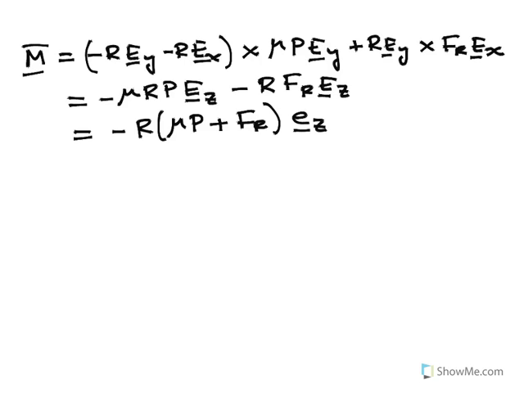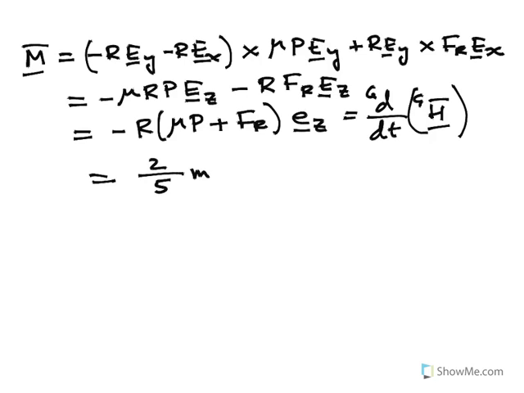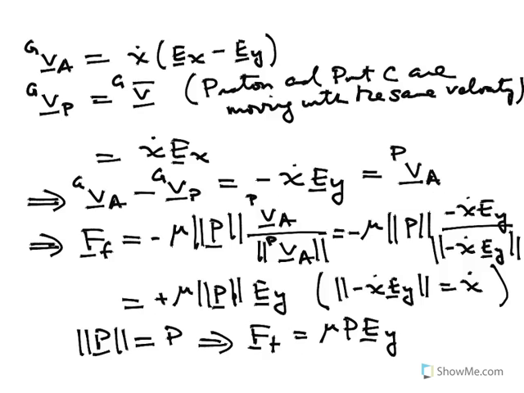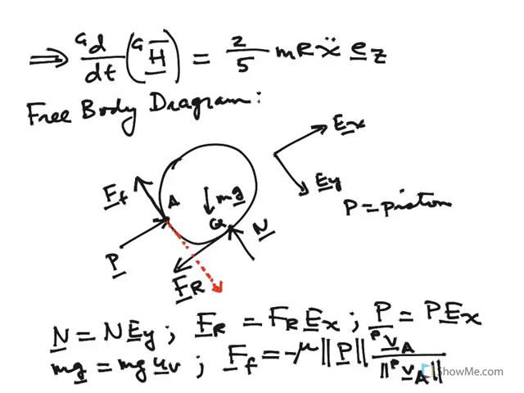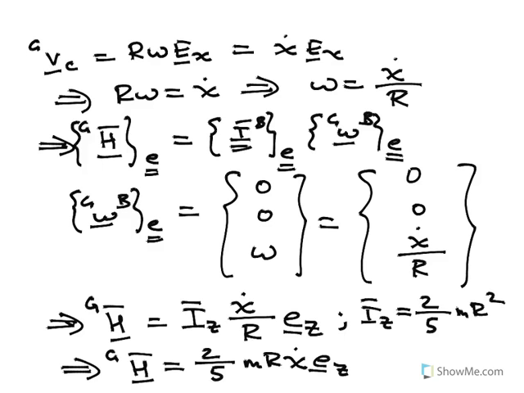And that has to equal the rate of change in the inertial frame of the angular momentum relative to the center of mass, which is equal to, because of the calculation I did earlier, 2/5 m R x double dot ez. That comes from what I had computed earlier when I computed the rate of change of the angular momentum. It's right there.